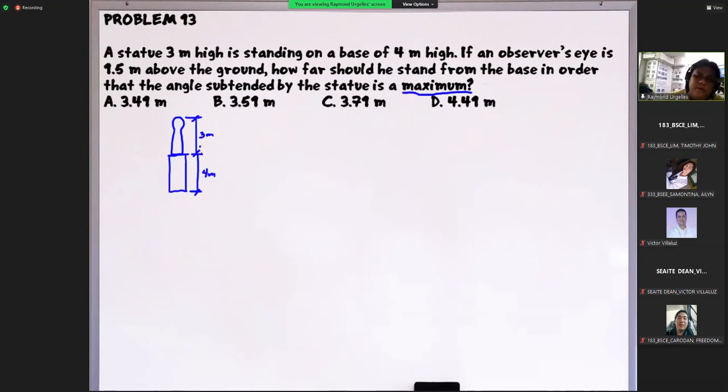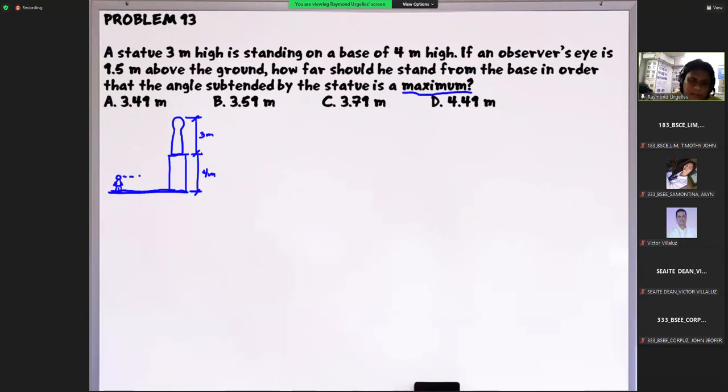Okay ba? So then we have an observer. Assume natin na nandiyan din yung observer natin, dun sa kung saan nakapatong yung base ng statue natin. So ito yung observer natin. Yung observer's eye daw natin is 1.5 meters above the ground.